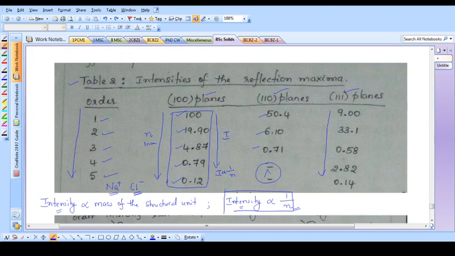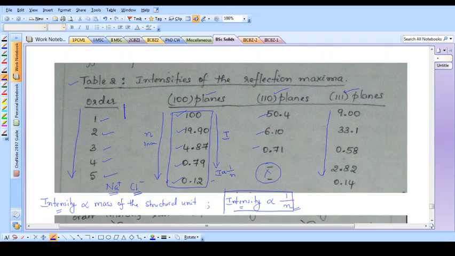I repeat, in this column corresponding to the 100 plane, what we observe is, down the column, as the value of n increases, I decreases. So this suggests that each 100 plane of the sodium chloride crystal contains a similar arrangement of ions.